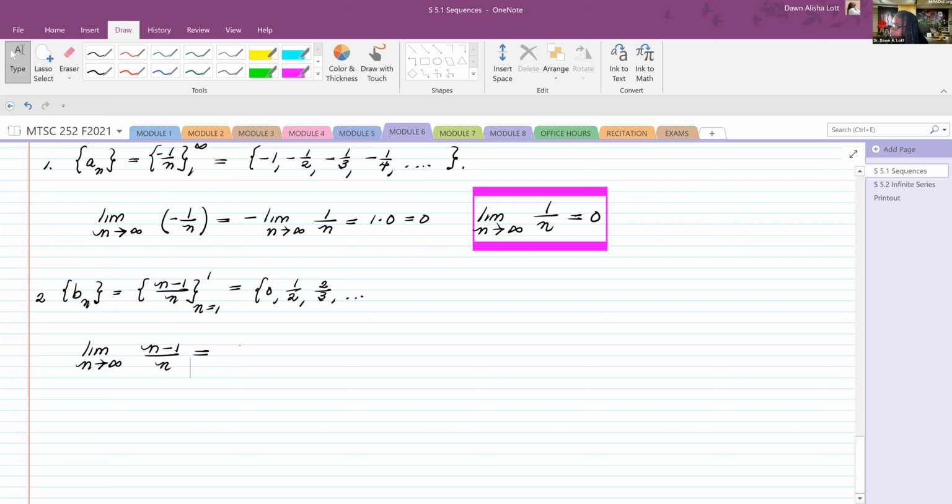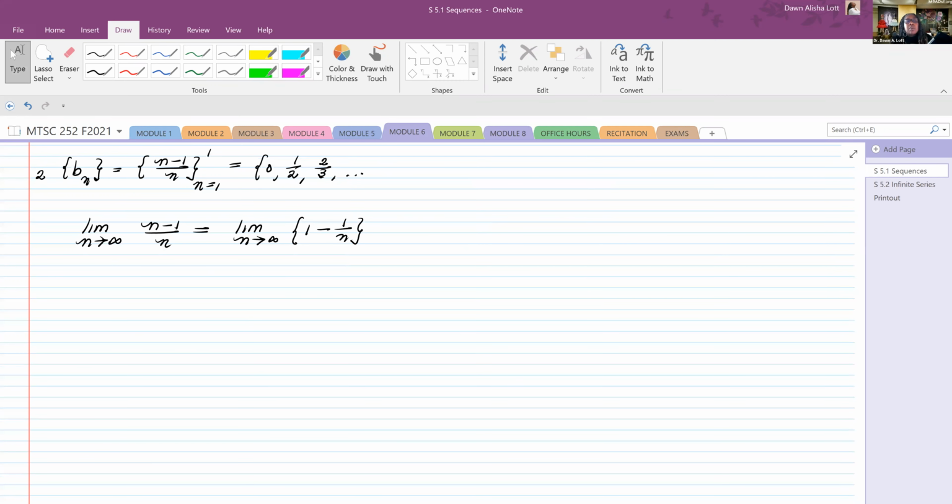This is the limit as n approaches infinity, and I can break this up: n over n is 1, minus 1 over n.